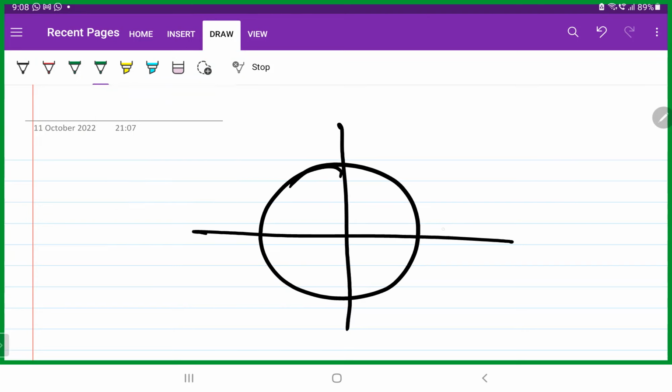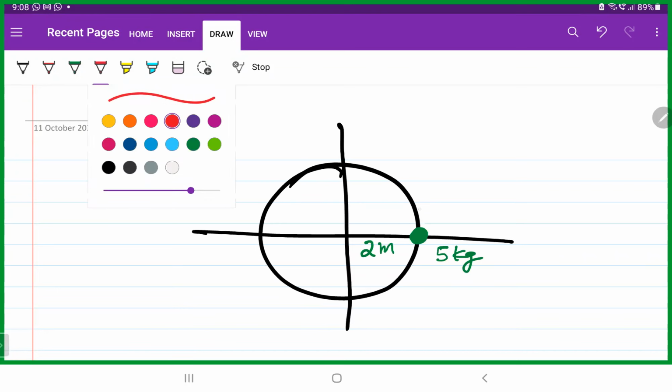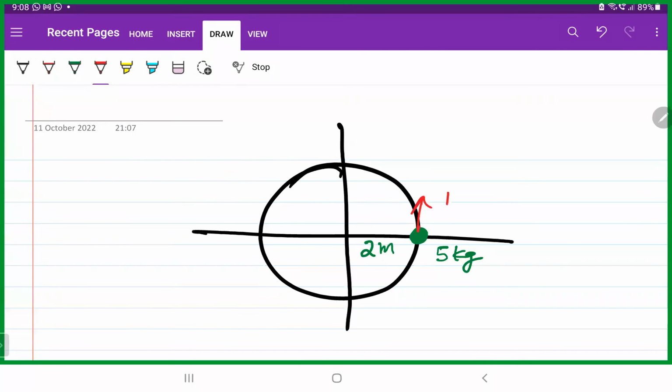The mass of this object is, let's take, 5 kg, moving in a circular motion of radius 2 meters. And there is always a tangential force in this direction, 10 Newton. Let's take this starting point as A.